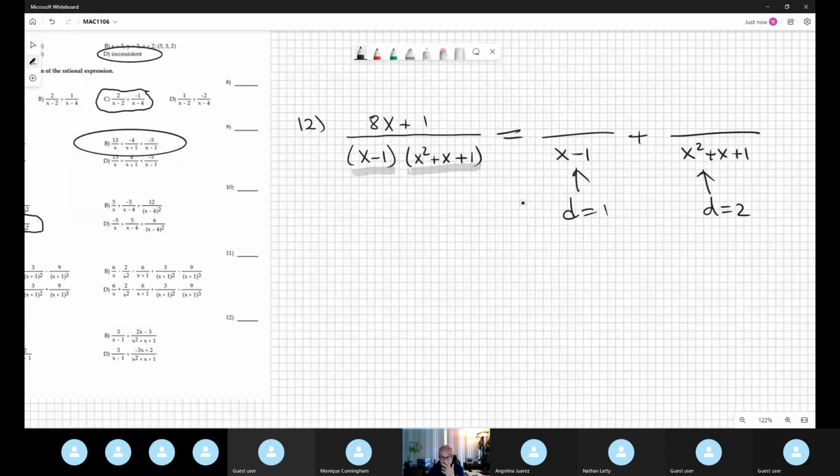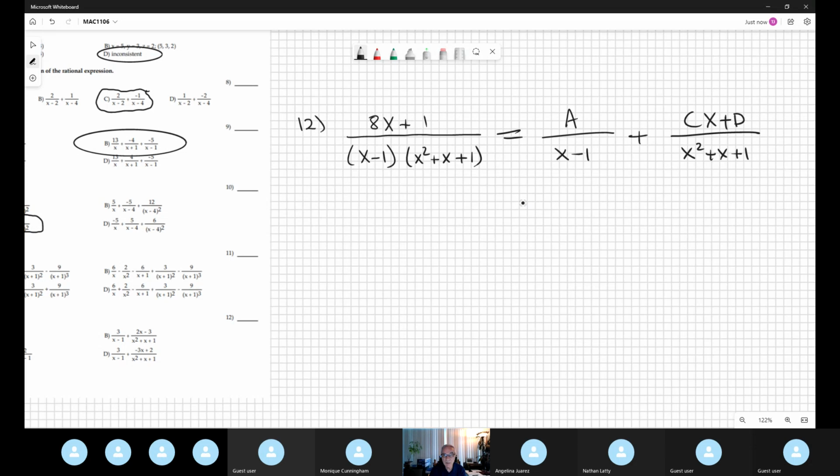And you know the format of the partial fraction decomposition. This is degree 1, so the numerator is degree 0, no x. But this is degree 2, so the numerator must be 1 degree less, so it's cx plus d. This is the format of the partial fraction decomposition when you have an irreducible quadratic expression like that.